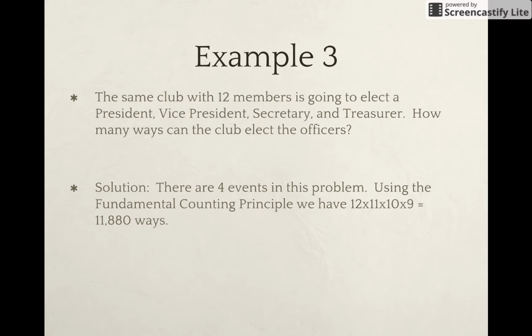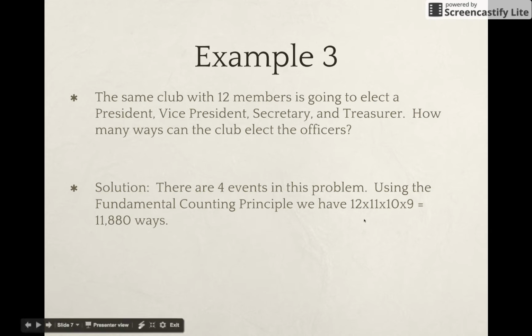Let's consider the same club that had 12 members. But now they're going to select their president, vice president, secretary, and treasurer. We might be interested in knowing how many ways that they can elect these officers. We can use the fundamental counting principle to solve this problem as well. There are 4 events here: selecting president, vice president, secretary, and treasurer.